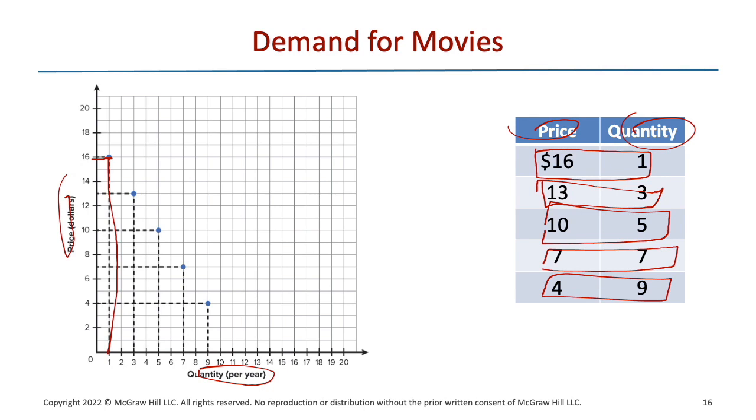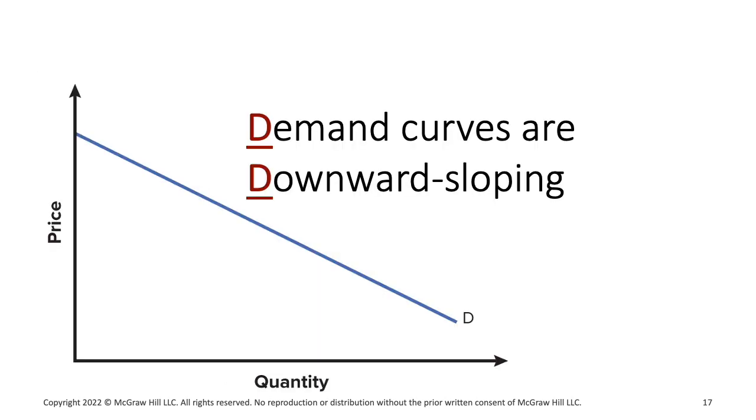We do this at every single level that we have on our chart, and then we simply draw our demand curve. This is where we get our demand curve. You can take a demand curve and create a demand schedule, and you can take a demand schedule and create a demand curve. They are simply a representation of each other.